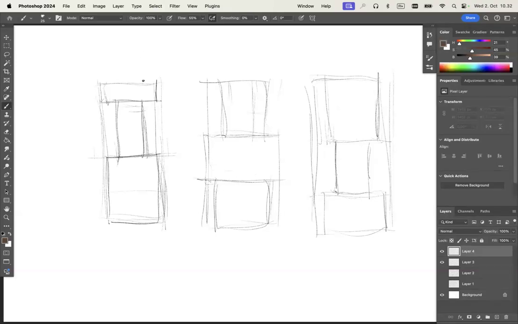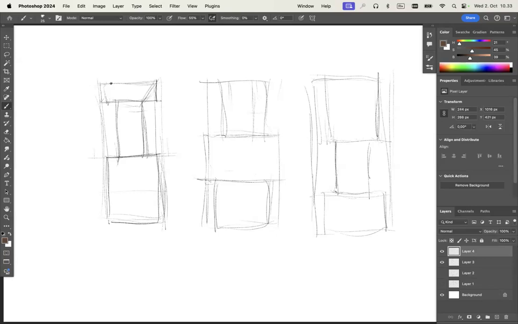Okay. Then I will change the geometric shape of these. Some of them will stay rectangles, but some of them will be pear-shaped or round or triangular.